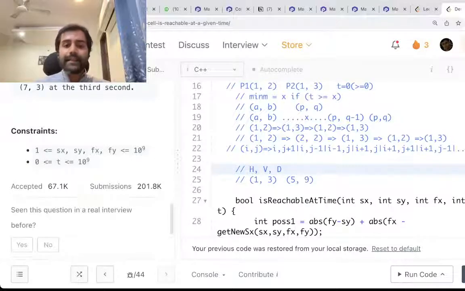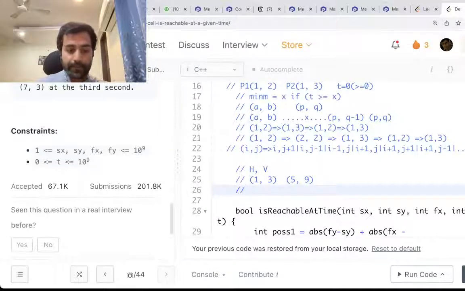Why diagonal? See guys, let's say diagonal movement was not allowed, and only horizontal and vertical movements were allowed, which is you can either move right or left or up or down. Then the number of steps would always be equal to the sum of the gap between x and the gap between y.